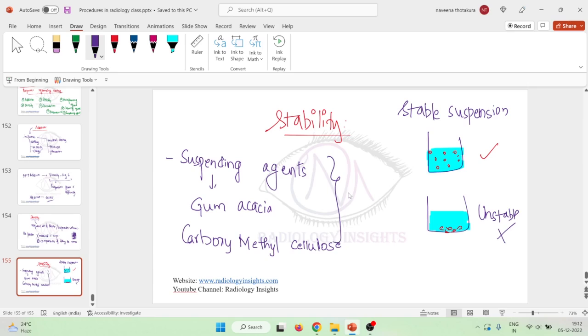Both these suspending agents prevent settling of barium, which results in a stable suspension. These agents also increase the viscosity of the suspension, so they should be used in minimum amount to attain the required stability. You should not overuse them, because that will increase the viscosity.